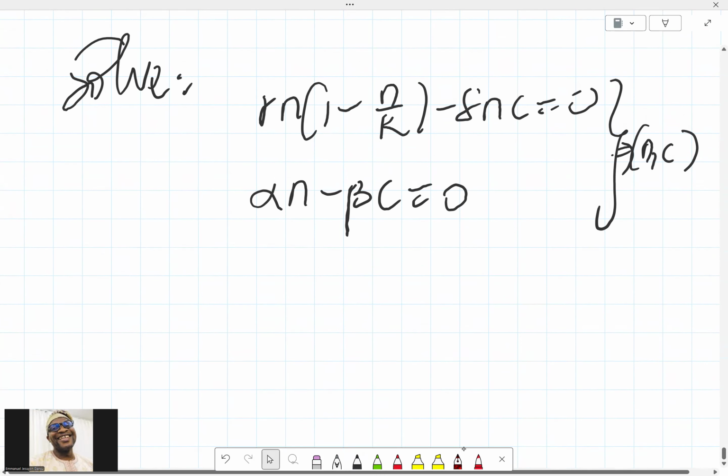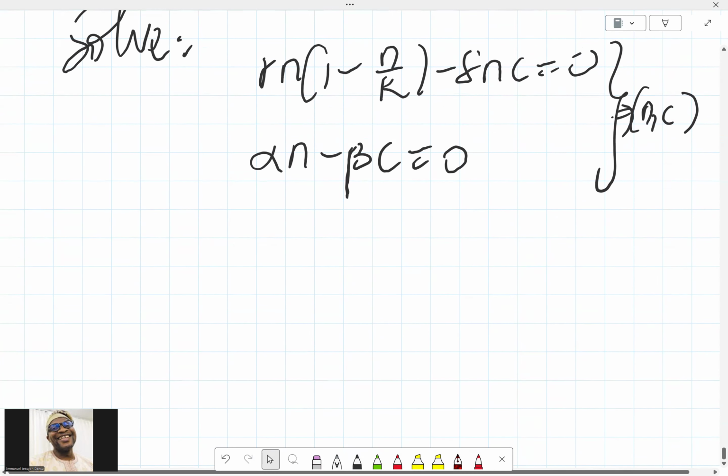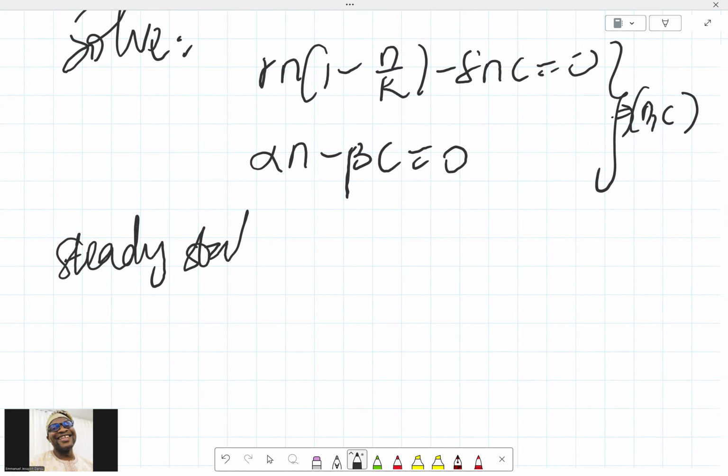I'll just refer to some possibilities. Okay, so you can have the steady state n comma c equals 0, 0, when the cell density is 0 and the growth factor is also 0.